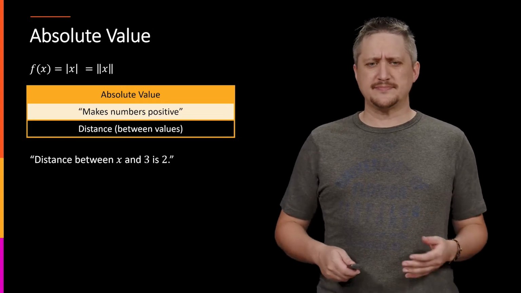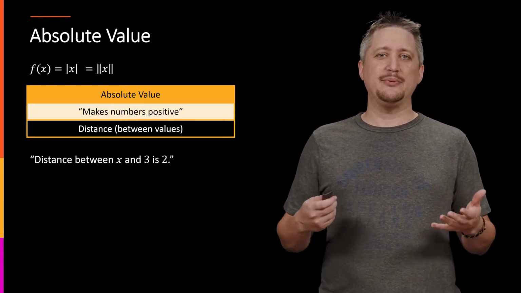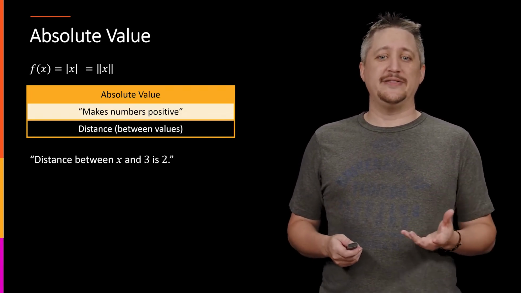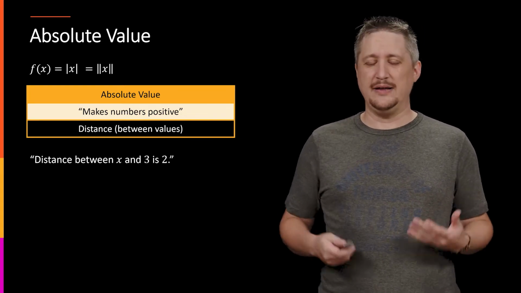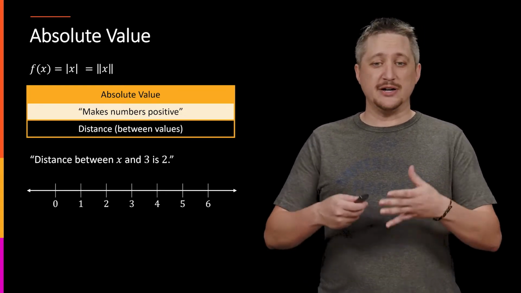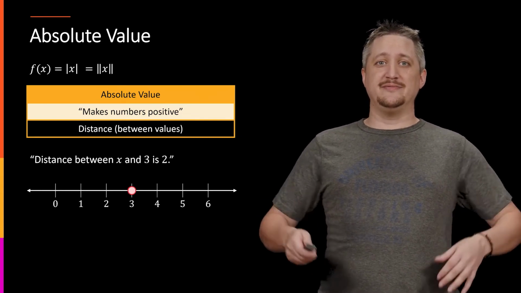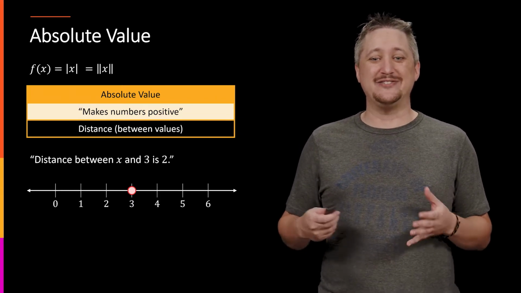So for example, if I said that the distance between some value x and 3 is 2, you have some number, and all you know about it is that the distance between that number and 3 is 2. Well, you could figure it out by making a number line. I know where 3 is, and the distance I want is 2 away from that.